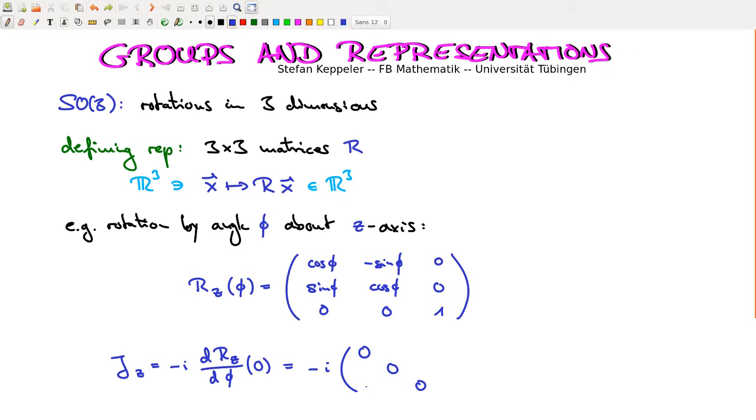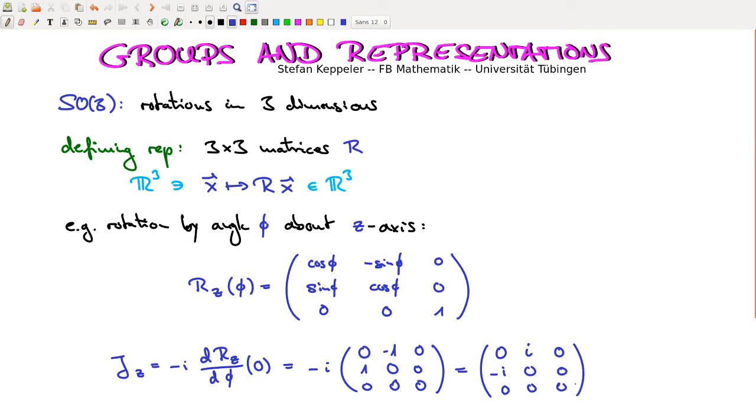We have zeros where we had zeros before, and now the derivative of the sine is the cosine, and at 0 that's 1, and up here from the minus sign we get a minus 1. So together with this minus I convention we have 0, I, 0, minus I, 0, 0, 0, 0, 0.